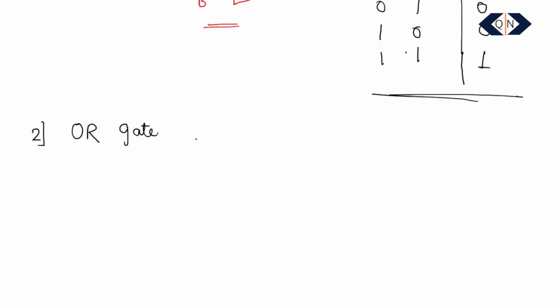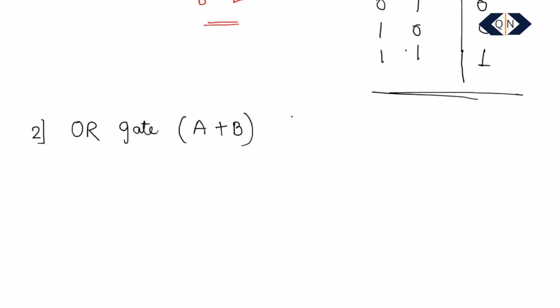So what is the logical operation of the OR gate? A plus B. So we are adding. We are doing a binary addition in the case of the OR gate. But it is not actually binary addition. If we add binary numbers 1 plus 1, we will get 1 and 0, meaning a 2-bit result.